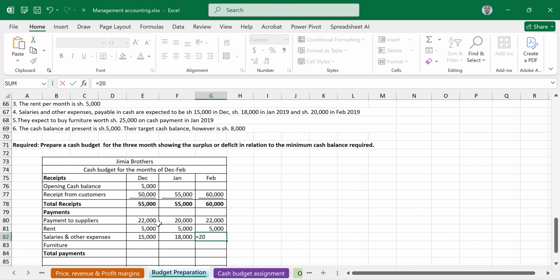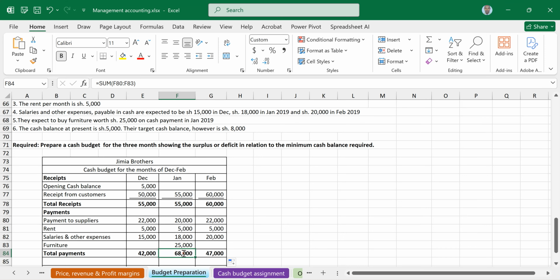So 15, 18, and 20. Now they are expected to buy furniture of 25 in cash, paid in January. So there's furniture here of 25 payable in January. Then get your total payments. Total payments, enter, drag across.